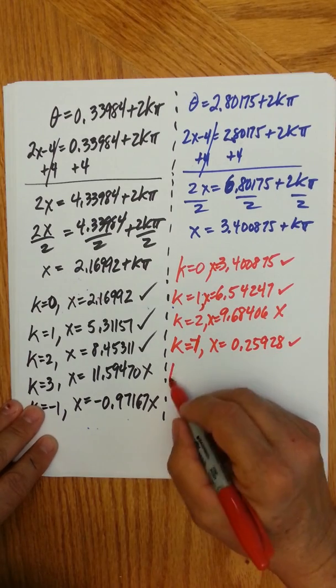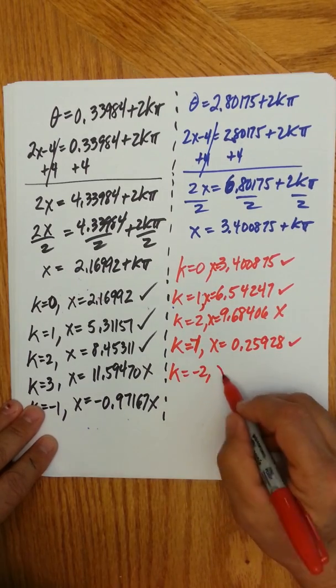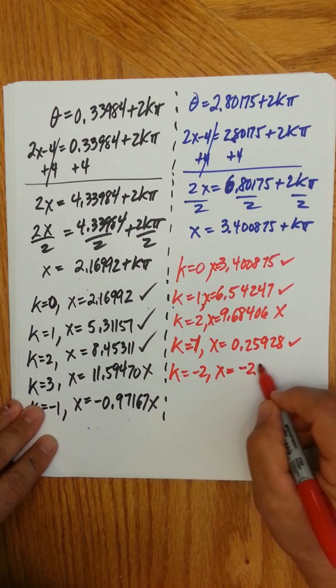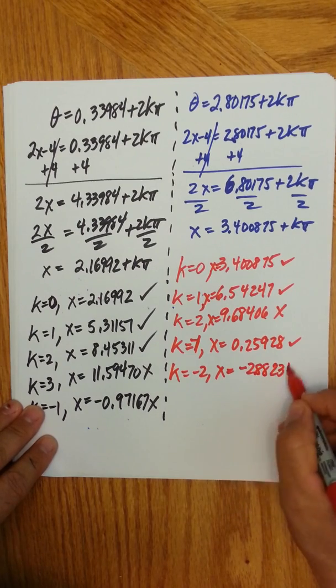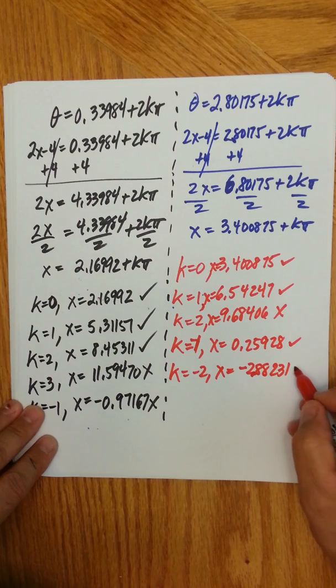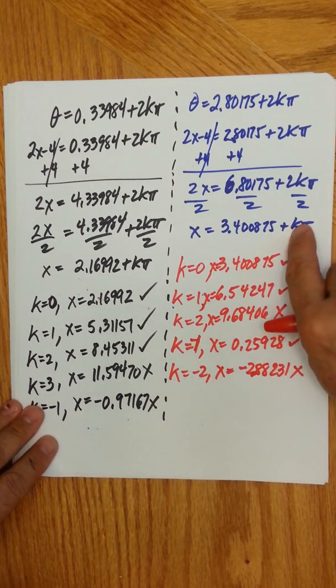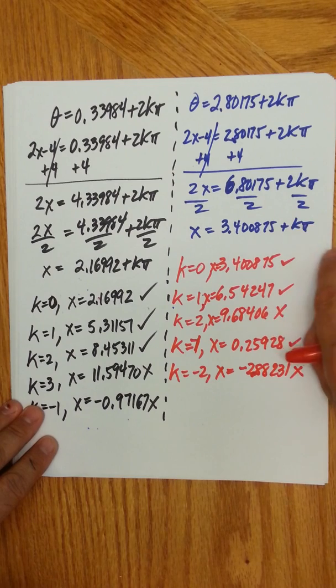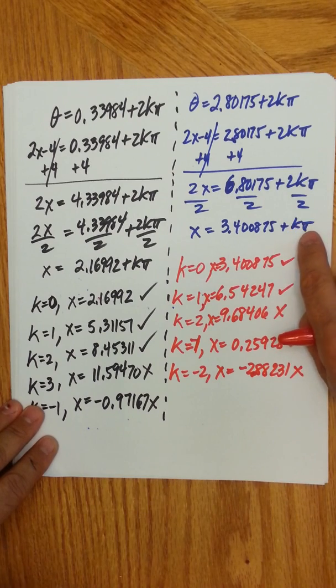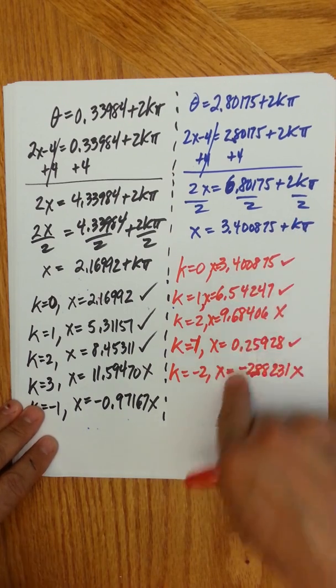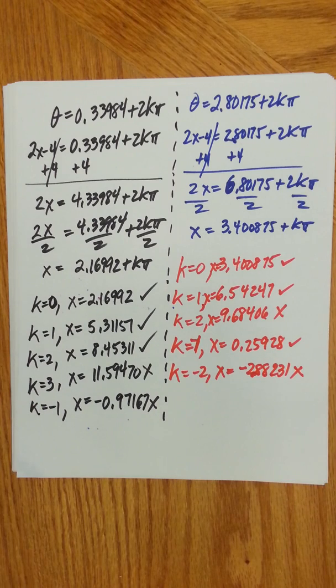So I want that one. When k equals negative 2, x is negative 2.88231. And that one is too negative, so I don't want that one. So again, all I'm doing is putting in values like k equals 0, 1, 2, and then k equals negative 1, negative 2. You can pause the video and verify this.